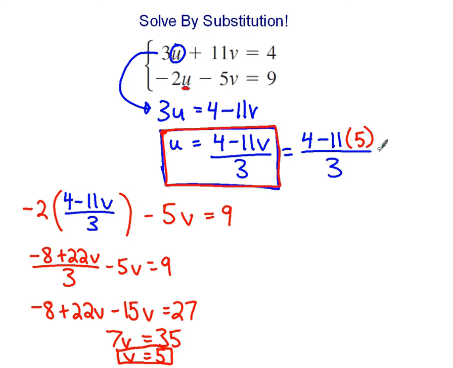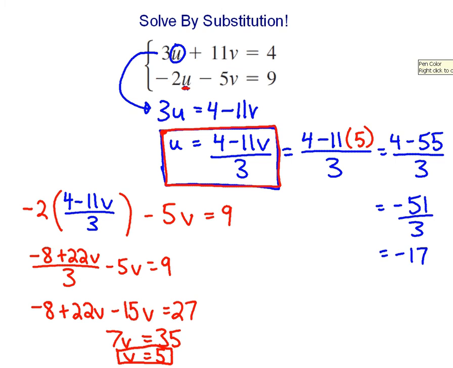So what is that? 4 minus 55, all over 3. 4 minus 55 is negative 51, and over 3, I believe that's negative 17. Yeah, I think that is. Okay, so there's our answer. We've got v, we've got u. The answer is u equals negative 17 and v equals 5.